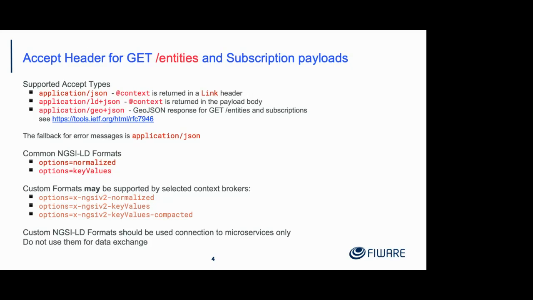This is going to be useful for connecting to legacy systems. There are elements of the FIWARE catalog which don't yet speak NGSI-LD, but they do speak NGSI v2, and you may want to create a subscription in a backward compatible format so that the system in question can say, "Oh yes, I've received this in the format I'm expecting."